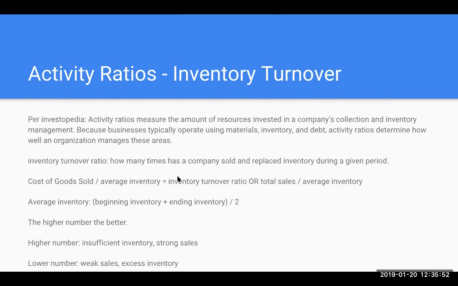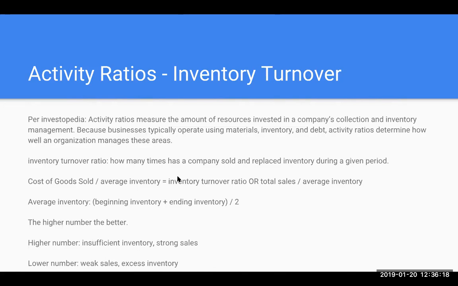And please refer to my earlier video on that, because when I'm selecting a ratio, it needs to be relevant. If a company has no inventory, then can I and should I be doing the inventory turnover ratio? And the answer is no, because this is really to help us analyze a company that has inventory.